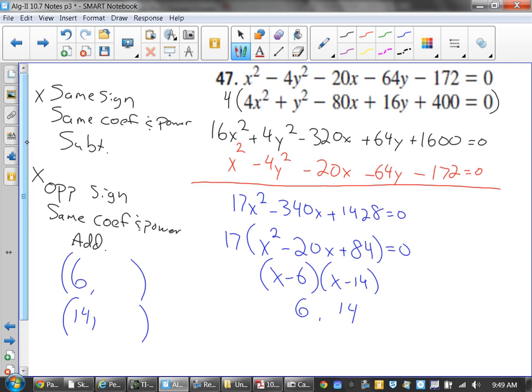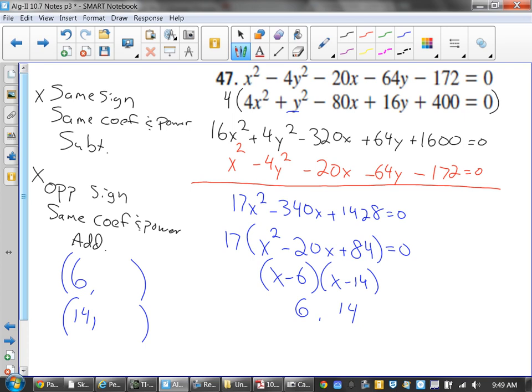Now it's just a matter of going back to one of the originals. I'm going to use the second equation prior to multiplying it by 4. The reason that I'm going to choose that one is that right off the bat, y squared doesn't have a leading term coefficient. It's going to be easier to factor. Do you guys agree with me on that? Yeah.